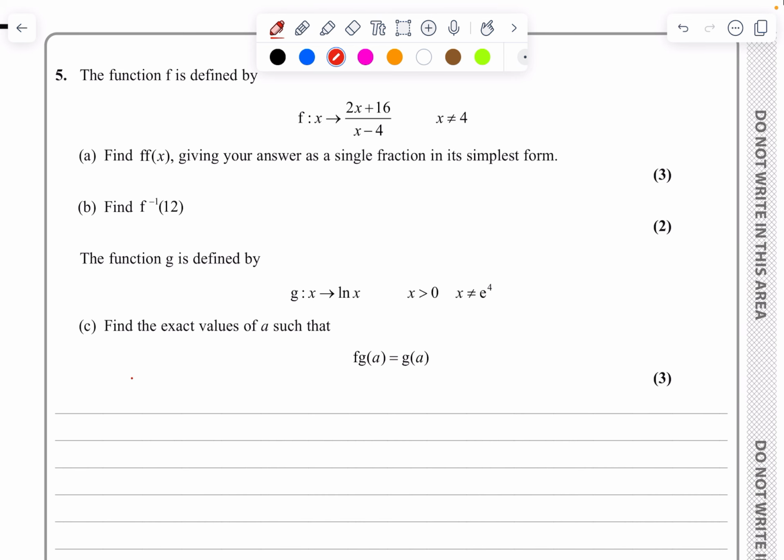What you do is you put f(x) as x here, because f of x basically means you take f(x) as the, what is it called, variable, then 2f(x) plus 16 over f(x) minus 4, and then we know f(x) is (2x plus 16) over (x minus 4).